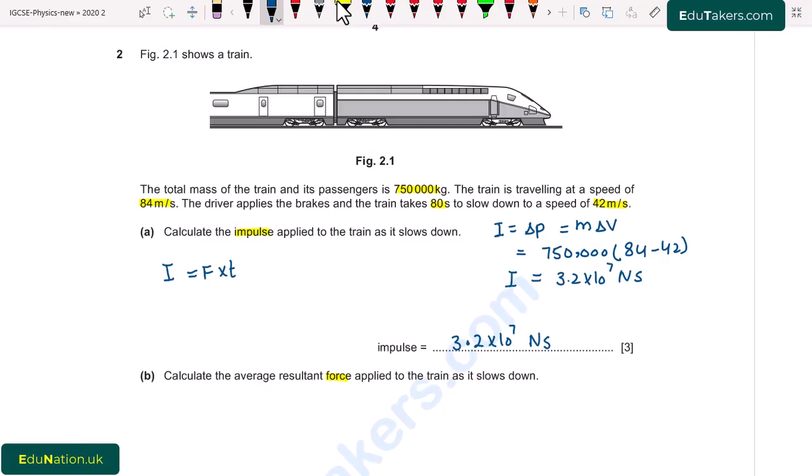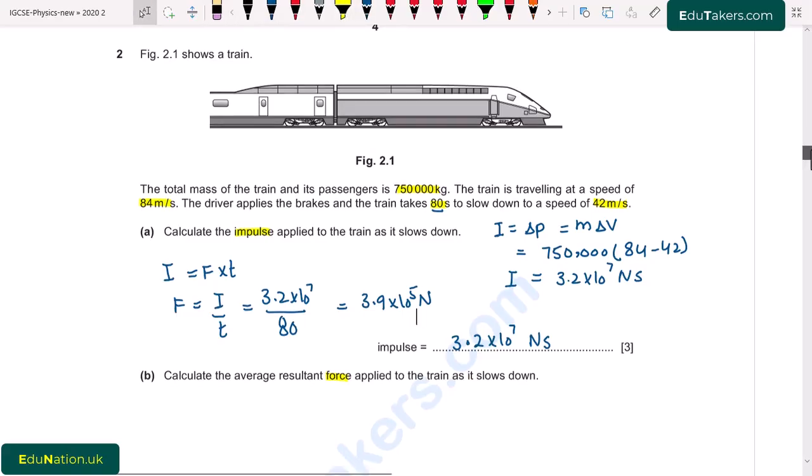Here we have to calculate this F. F comes to be I divided by T. Impulse we already calculated, its value is 3.2 into 10 to the power 7 divided by time is given, that is 80 seconds. So I write here 80, and the resultant force comes to be 3.9 into 10 to the power 5. The unit of force is Newton, so it comes to be 3.9 into 10 to the power 5.